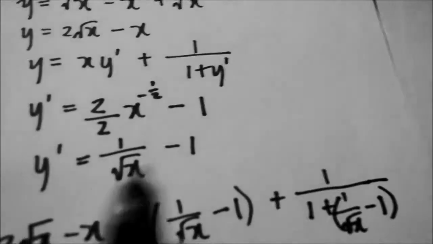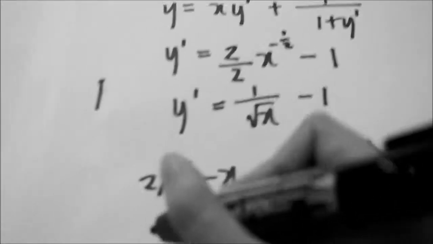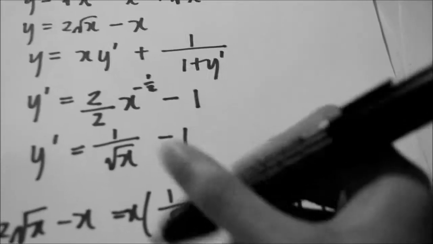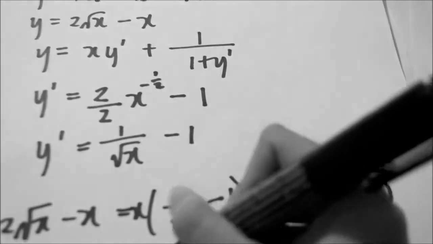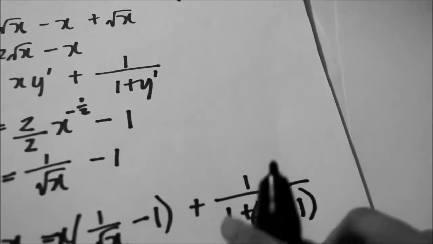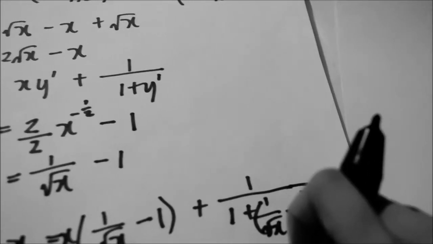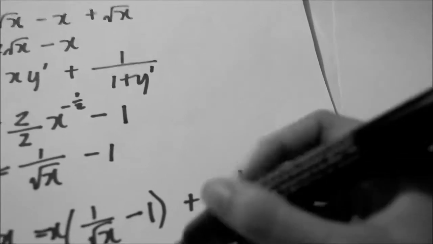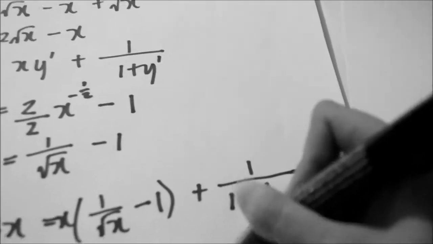We will simplify this, so we will get x times 1 over square root of x is just equal to square root of x, minus x plus 1 over, 1 minus 1 is just 0, so we get 1 over 1 plus square root of x, so this is just equal to square root of x.